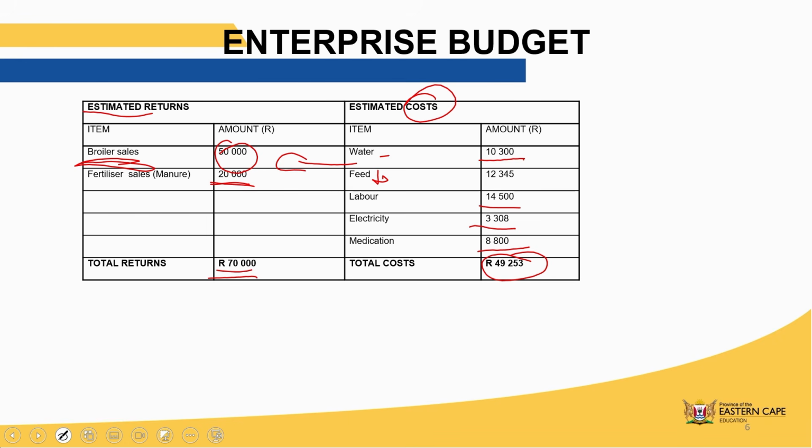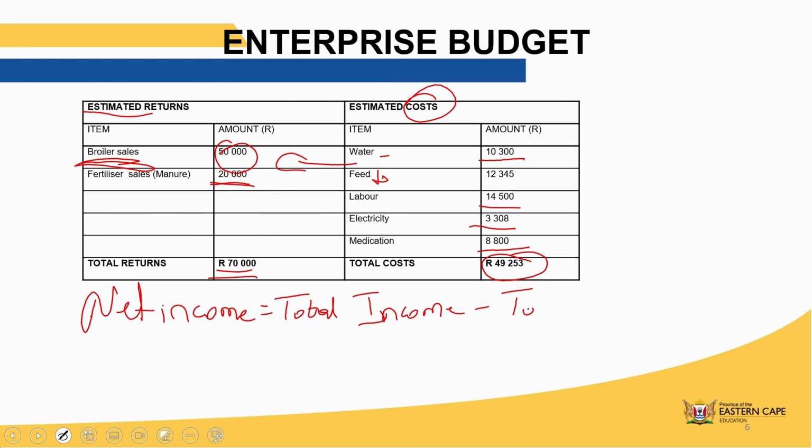So this is an enterprise budget. Let's calculate whether there's a profit or loss. Or let's say the net income. The net income equals total income minus total expenditure.